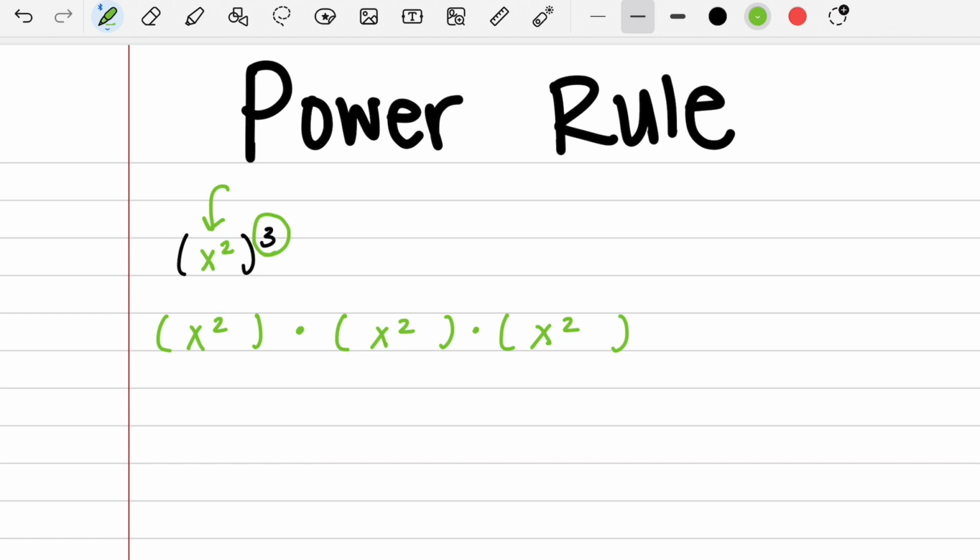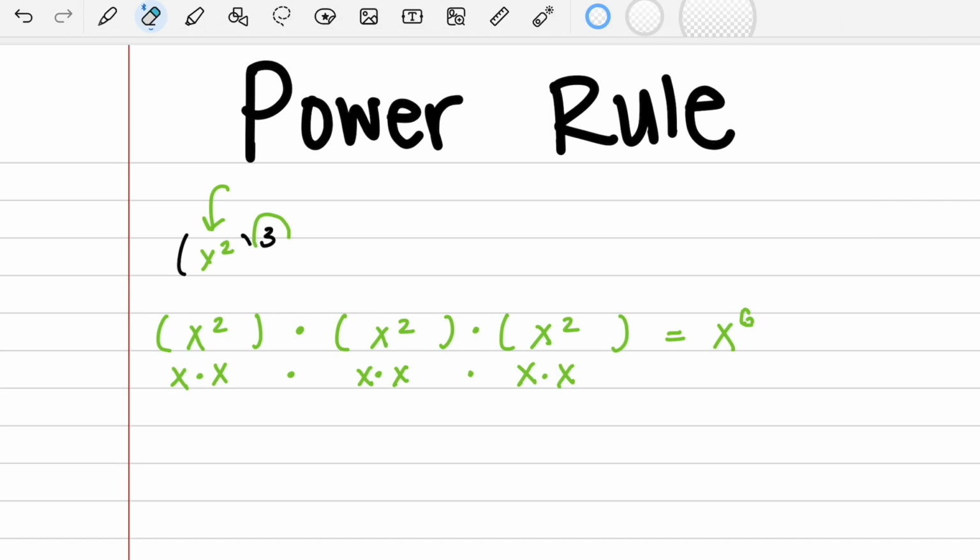If we were to expand it, it would be x times x times x times x times x times x, x being multiplied by itself 6 times. This tells us that we are no longer adding exponents. Instead, we are going to be multiplying.